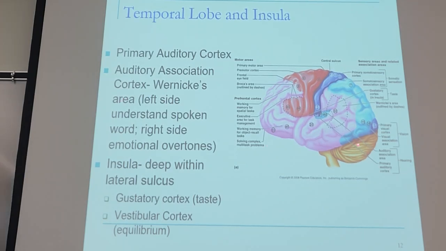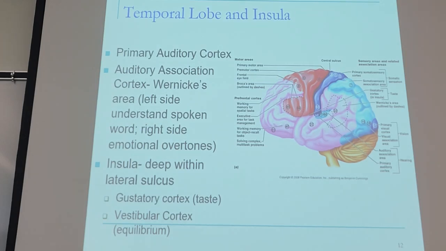And in the temporal lobe, outlined here, is another area. This is called Wernicke's area. There's a left side and a right side. The left side Wernicke's area allows you to understand what someone is saying to you.